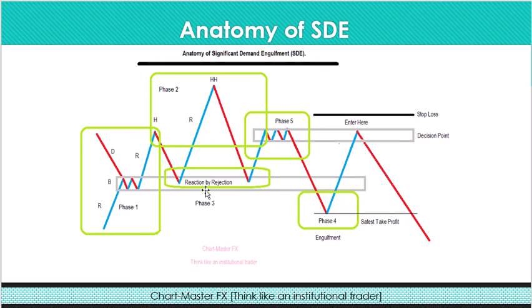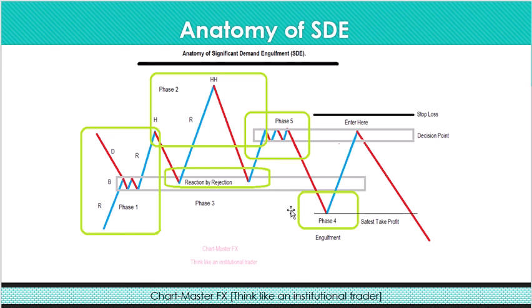So guys, I want to let you know that once you see a decision point that is allocated below this demand, it is considered an invalid decision point. Why? Because that's the area where there is manipulation, or the manipulation is done here.